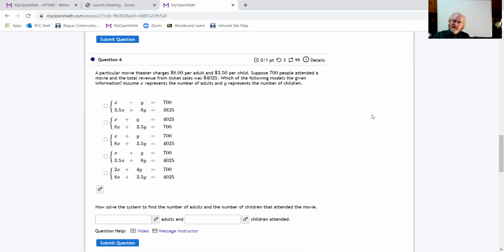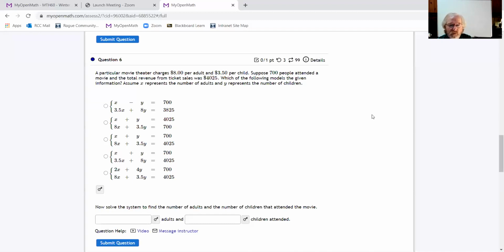And then the second equation for this kind of problem usually relates to how much money was made from selling that quantity. You have to take the quantity, like if X is adult tickets, well, 8 times X is the amount of money you make selling adult tickets, right?